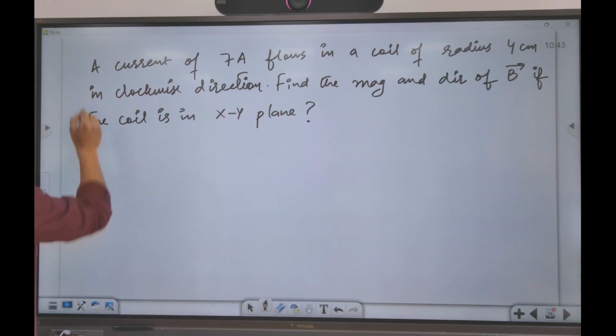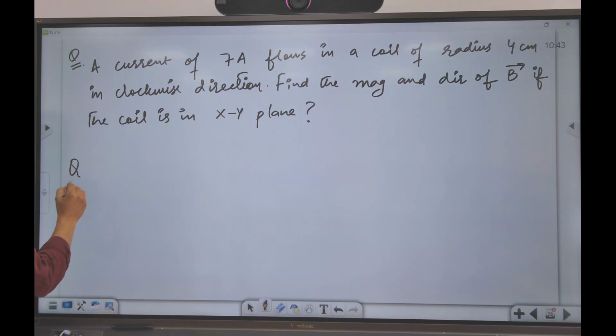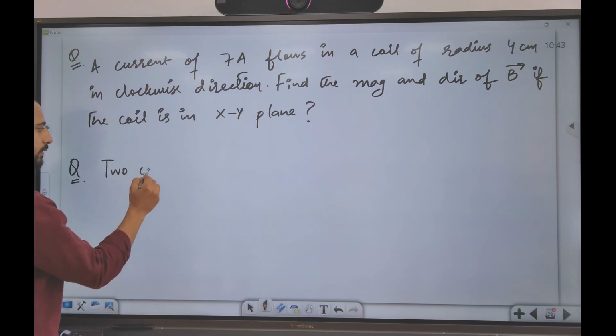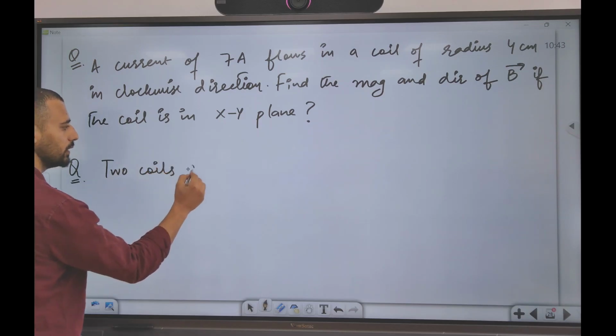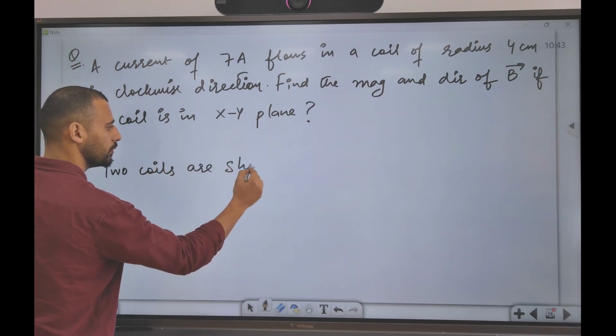Come on, do this question. Do this question. Then we have one more question. Two coils are shown.